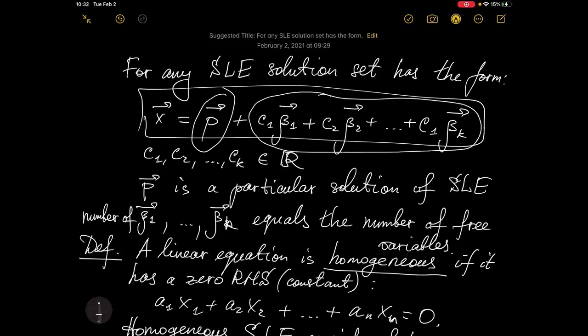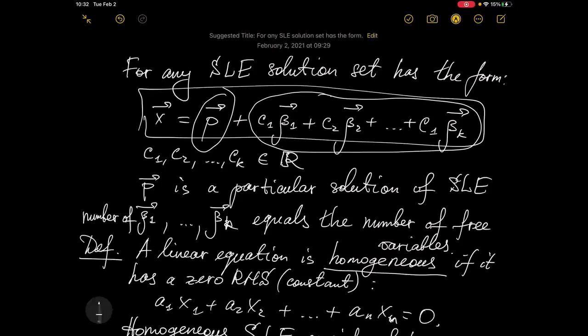The number of these vectors is exactly equal to the number of free variables, because the homogeneous equation will have the same number of free variables as the inhomogeneous one, with the same coefficients matrix, right?